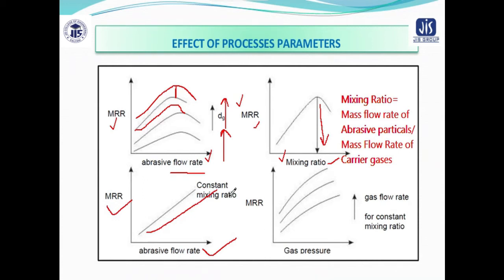The material removal rate can be improved by increasing the abrasive flow rate, provided the mixing ratio can be kept constant also. The mixing ratio is unchanged only by simultaneously increasing both gas and abrasive flow rate. So an optimum value of mixing ratio that gives maximum MRR is predicted by trial and error. It is a trial and error method, you can go with that.